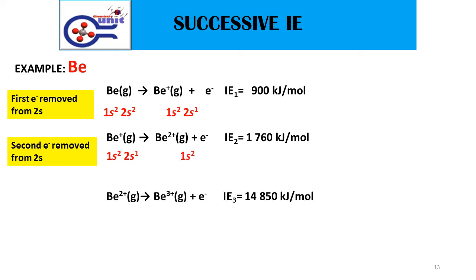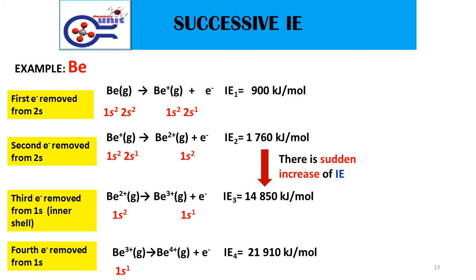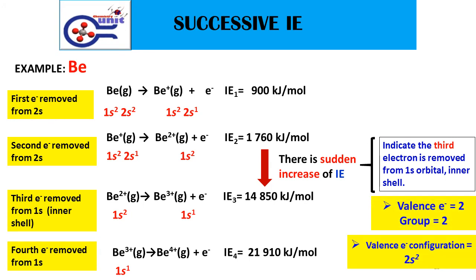Third electron removed from 1s with IE3 equals 14,850 kJ per mole. Fourth electron removed from 1s with IE4 equals 21,910 kJ per mole. There is a sudden increase from IE2 to IE3, indicating the third electron is removed from the 1s orbital in an inner shell. Valence electrons equal 2, so it is located in group 2. Valence electron configuration equals 2s2.